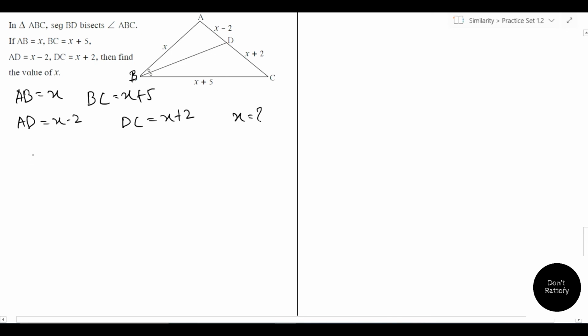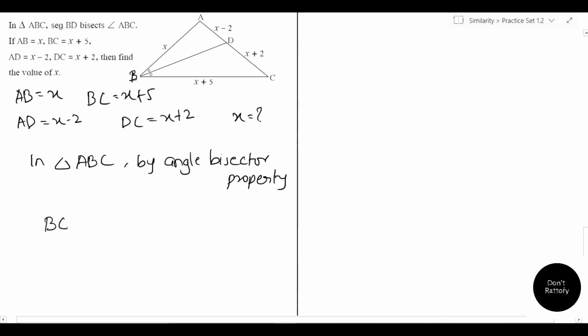I already know that BD is the angle bisector. So in triangle ABC, by the angle bisector property, can I say that BC upon AB is equal to CD upon AD?